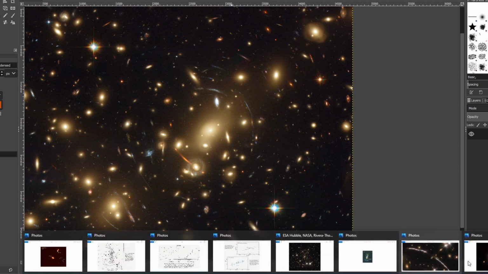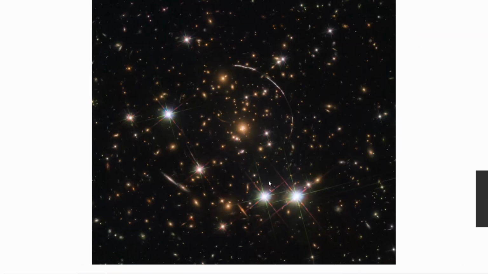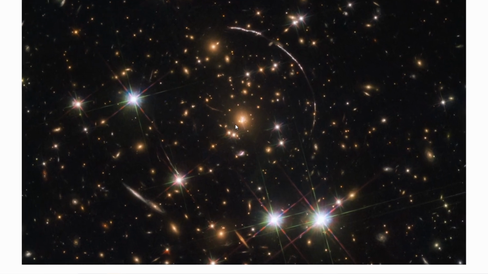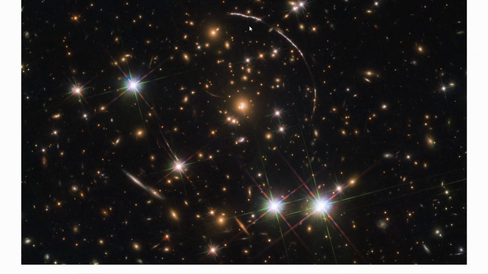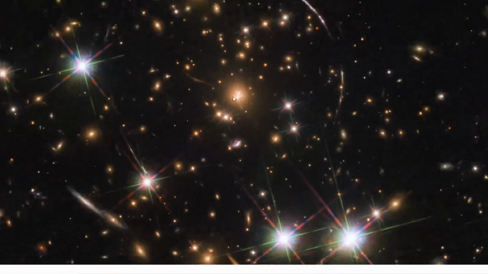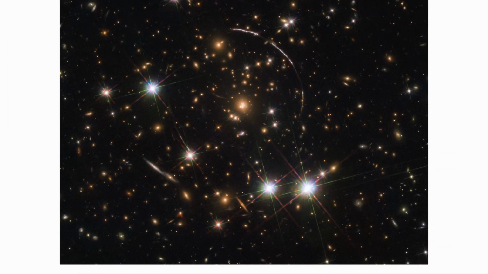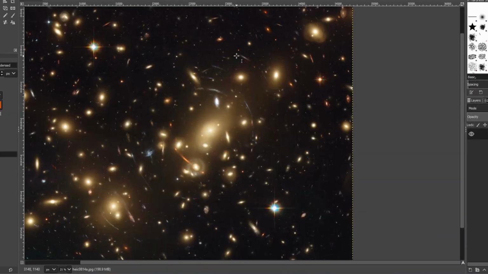What about this one? Yeah, maybe this sits at the center. I'm not sure. It does sort of look like it. More looks like the center's about here. So I don't know. It is interesting in some of them how some of the galaxies align to the sort of orientation of the circles.